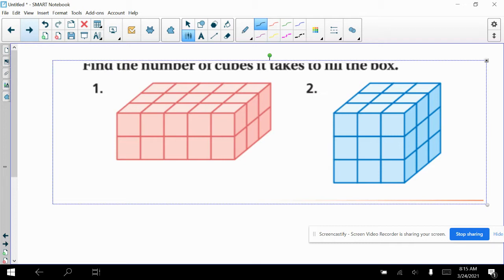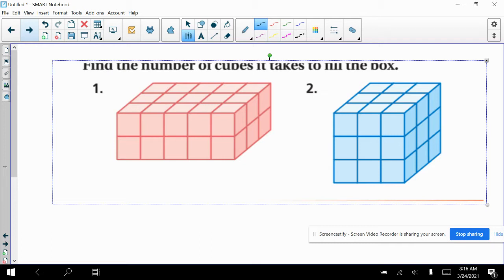One of them might be, how many cubes are there in the pink figure? Now, with that being said, can you count all of the pink cubes? You cannot. You can't see them all. Okay, and we don't want you to guess. Math is not about guessing here.